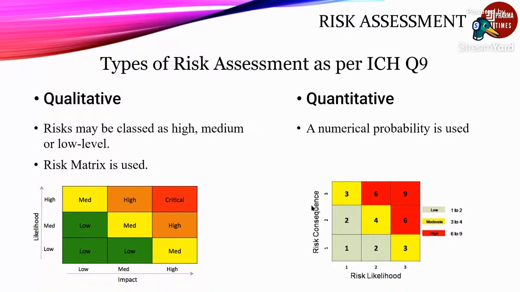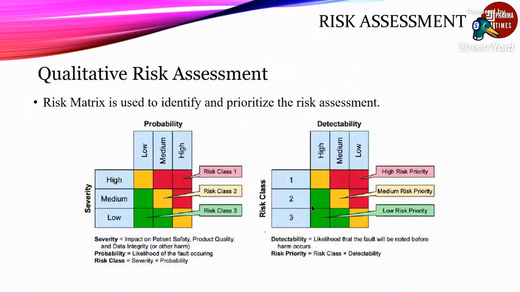This is given in ICH Q9, which is the guideline we are following, and the reference of ICH Q9 is defined in Chem 5. So in qualitative risk assessment, a risk matrix is used. Based on the risk matrix, or high, medium and low criticality, risk is defined.